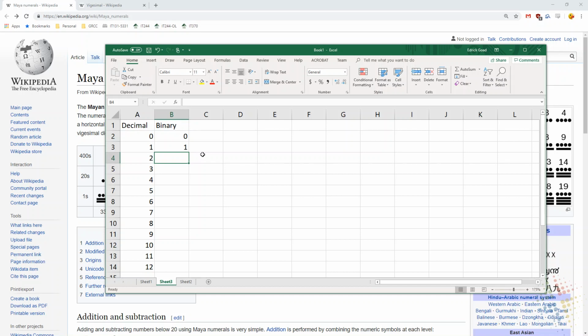So instead of having one simple column of numbers in our 1s slot, we now have to carry over to the next one, which is 10. 10 plus 1, 11. 11 plus 1, 100, 101, 110, 111, 1000, 1001, 1010, 1011, 1100, and so on and so on.